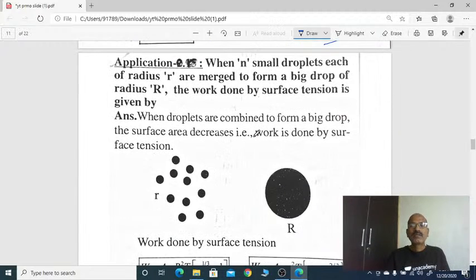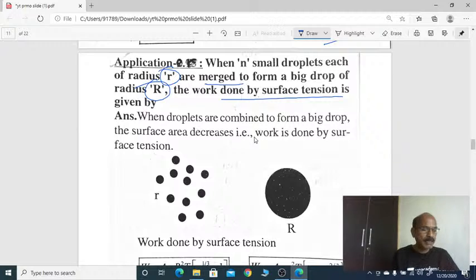Next, reverse it now. When n identical smaller drops of radius r are merged, combined to form a bigger drop of radius capital R, what is the work done by the surface tension? When droplets are combined to form a bigger drop, the surface area decreases.